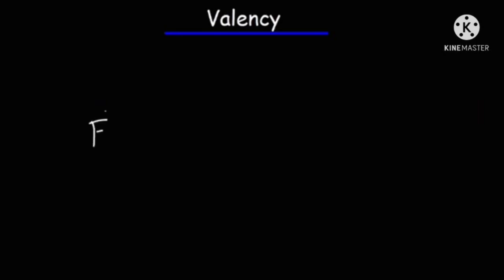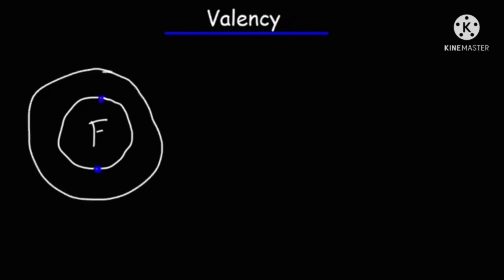Take the example of fluorine. In the first orbit we have 2. Take the case of the second orbit. Distribute its electrons based on its atomic number, my dear children. Valency electrons is 7.